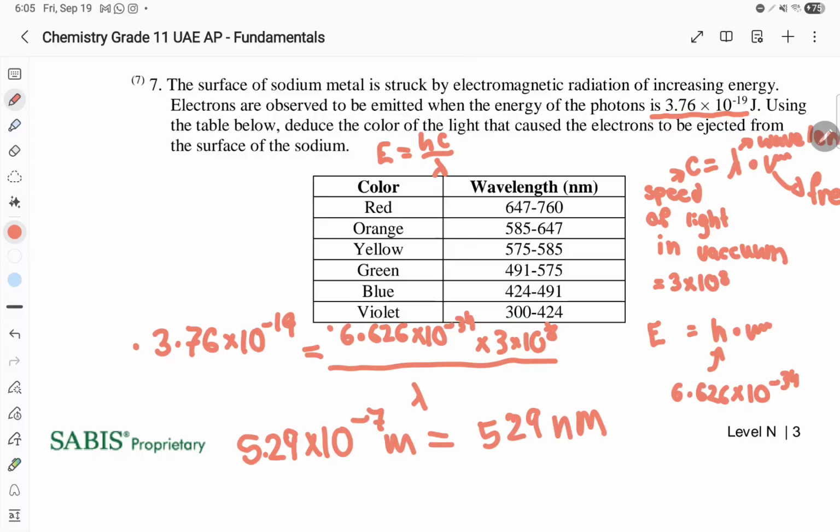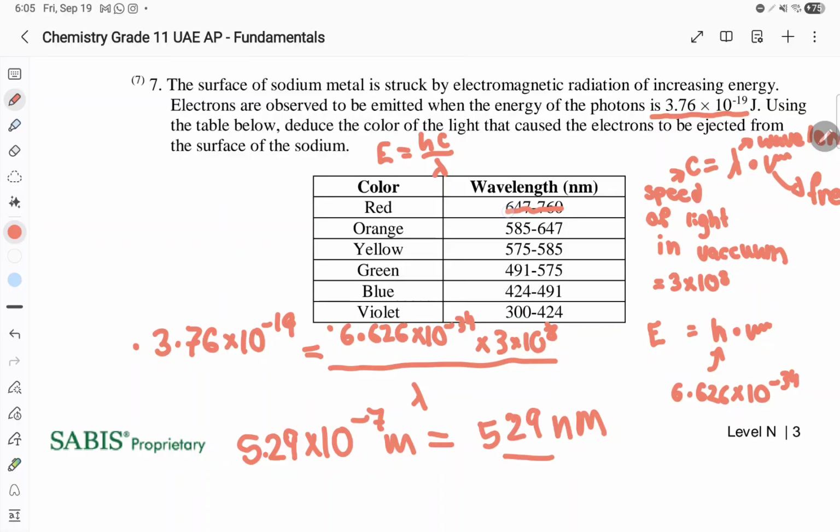Since you're going from a bigger unit to a smaller unit, you multiply by 10 power 9, and it's going to be 529 nanometers.